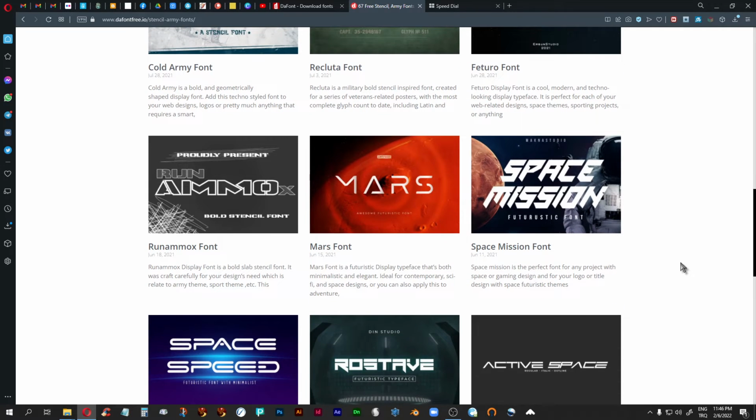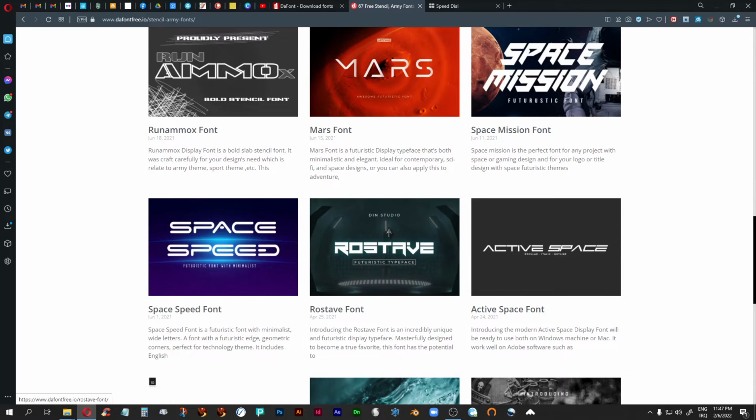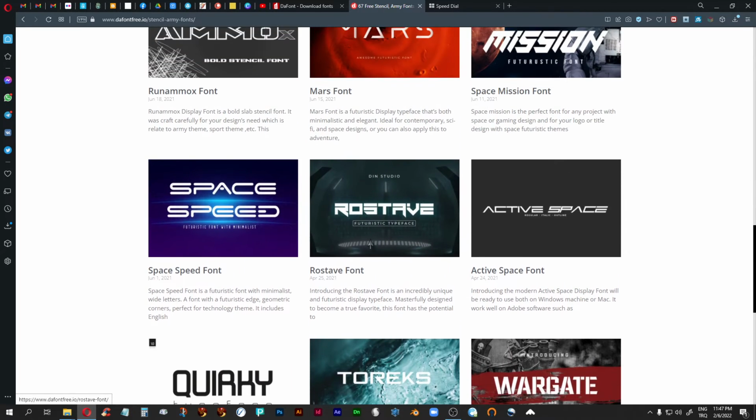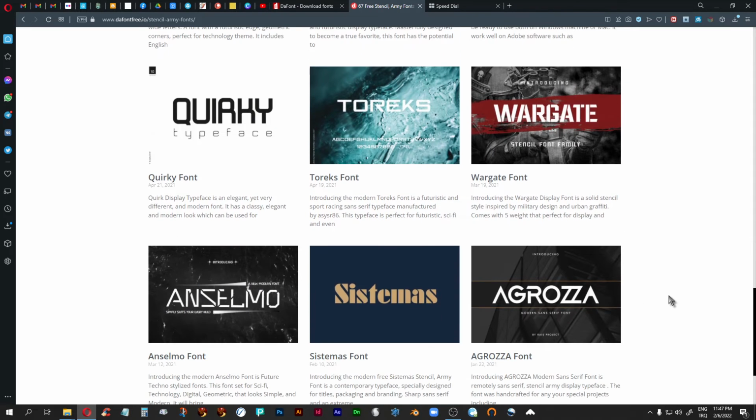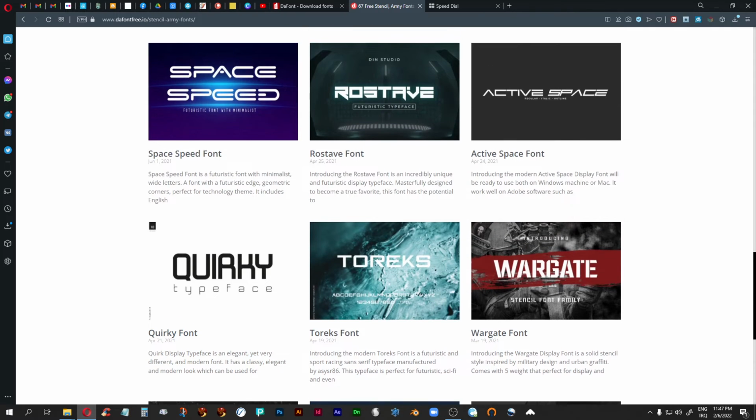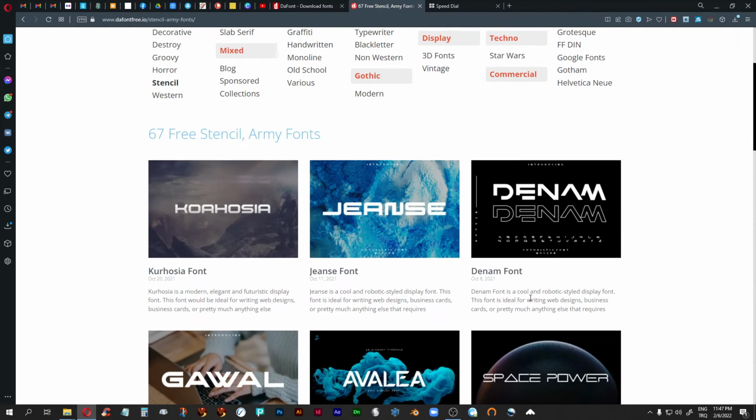But then there are others that are fairly neutral. So for example, this one here looks fairly neutral. They can be very expanded like this. So again, with stencil fonts, unless they really fit your topic, like this here is listed as a stencil font, but it's a fairly neutral font, I would be careful with those.